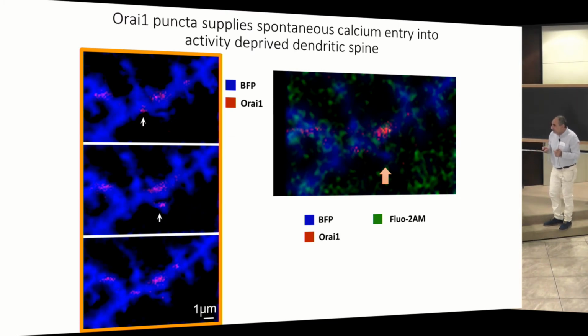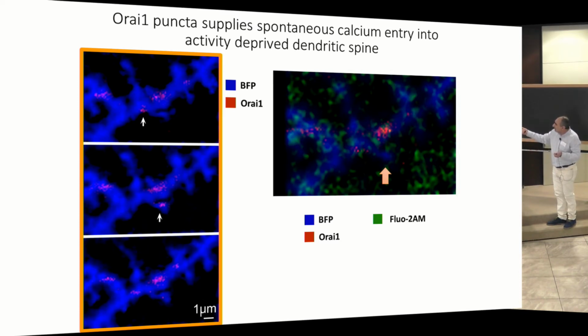But what I can show, this is completely preliminary data, but real data. Whether the appearance of ORI in spines may truly flash calcium, because up to now we saw only induced but not spontaneous effects. So please follow this.